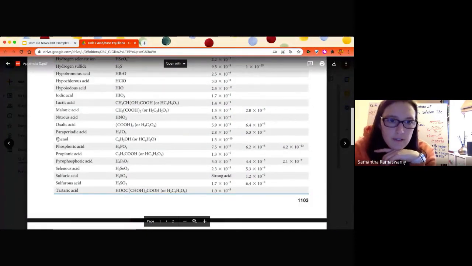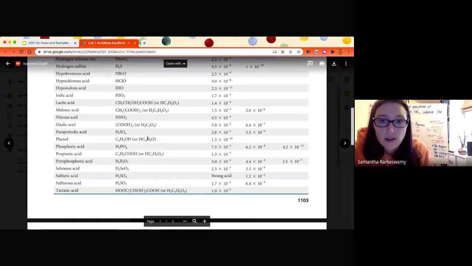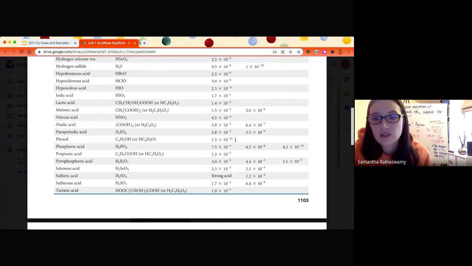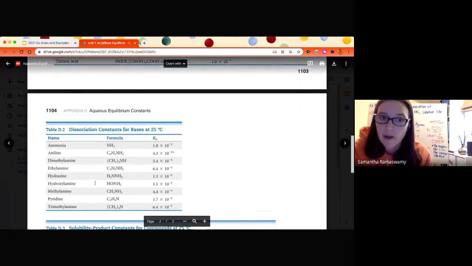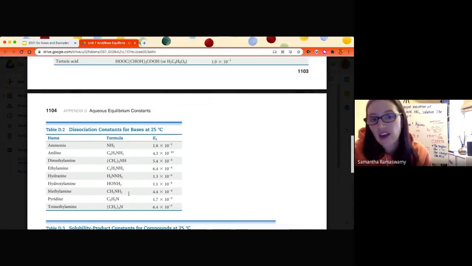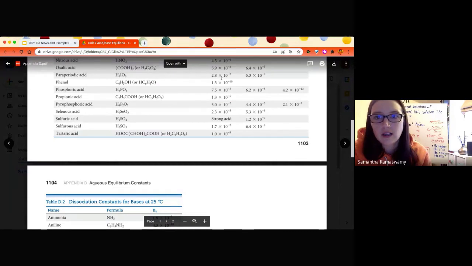So notice here, for phenol, we have our Ka value, 1.3 times 10 to the negative 10. But if we flip to the back page where the Kb values are, table D2 has Kb values. Notice that the phenolate ion is not there.